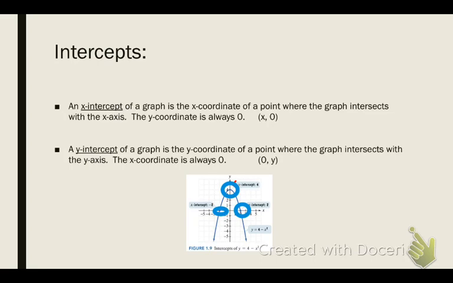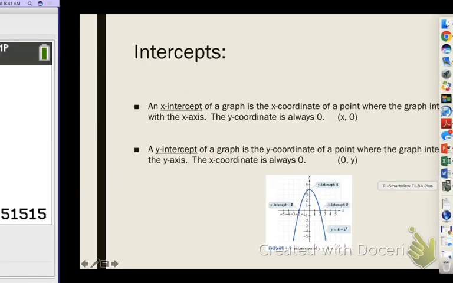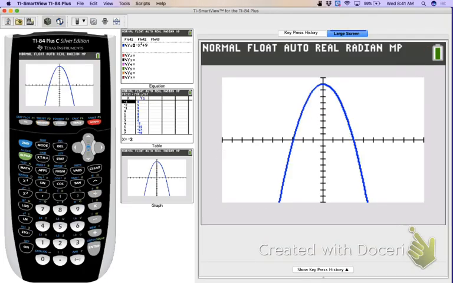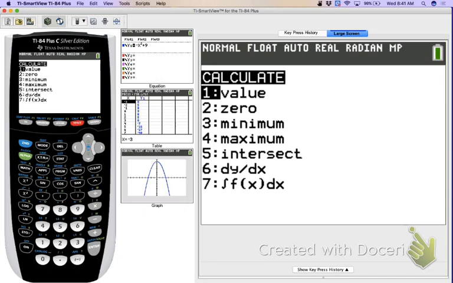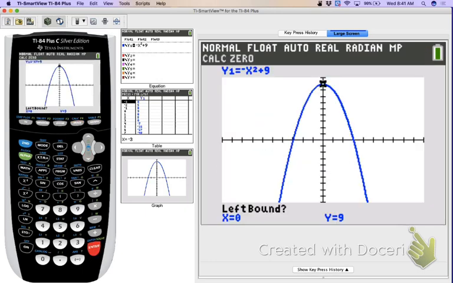With your graphing calculator, if you're not sure, okay, so I have my graph. I can go to second and calculate, and I can see where my zeros are. Anytime it asks for a 0, it's going to ask for a left bound and right bound.